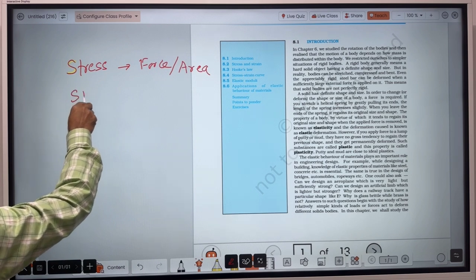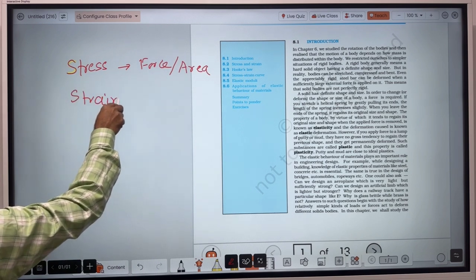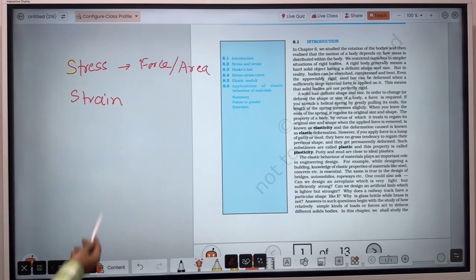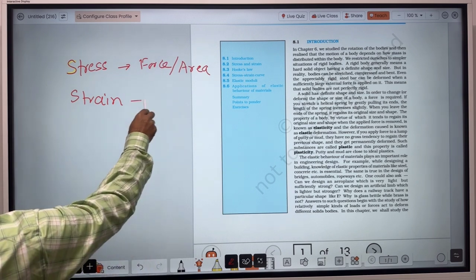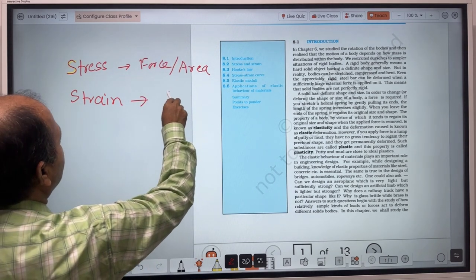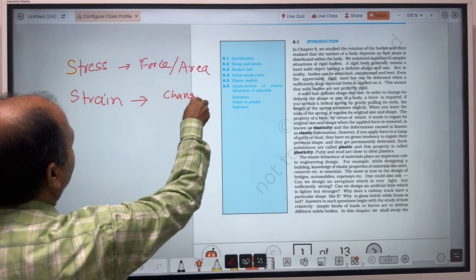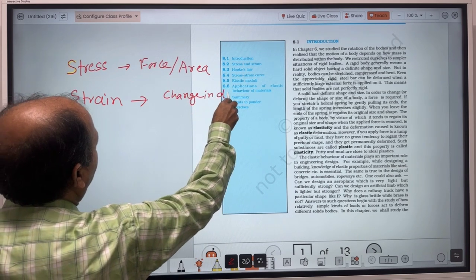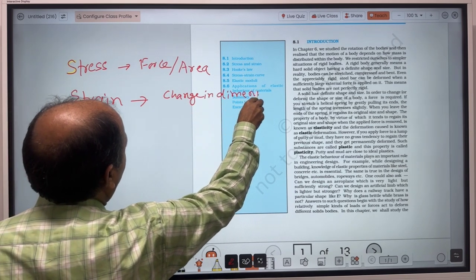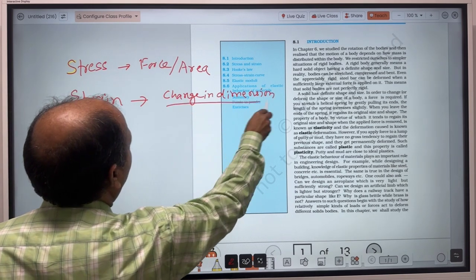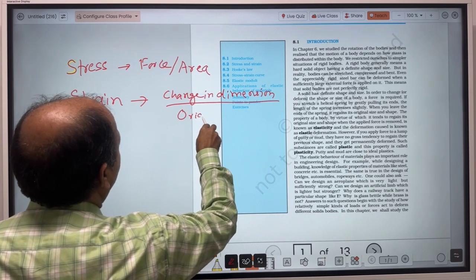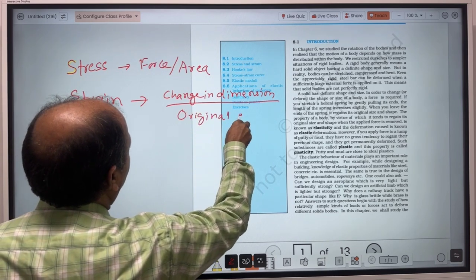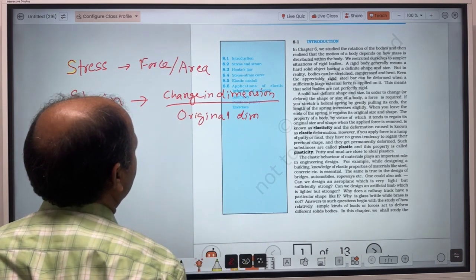Then we will study strain, different types of strain. Strain means what? Change in dimension divided by original dimension.